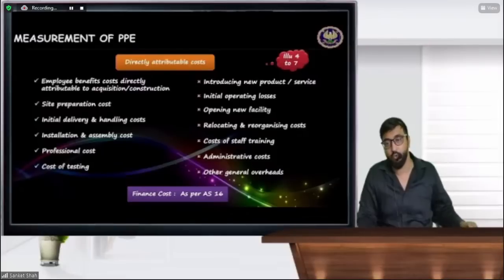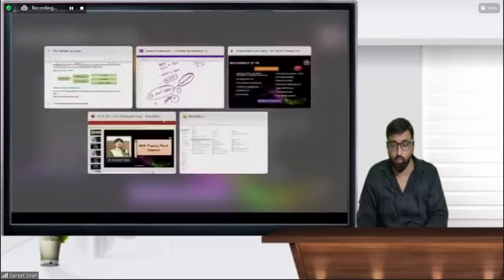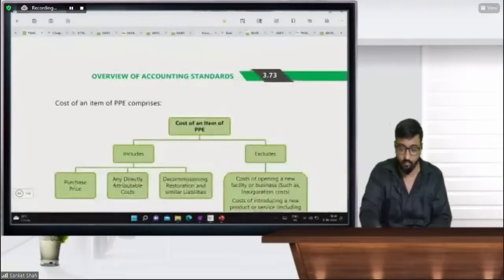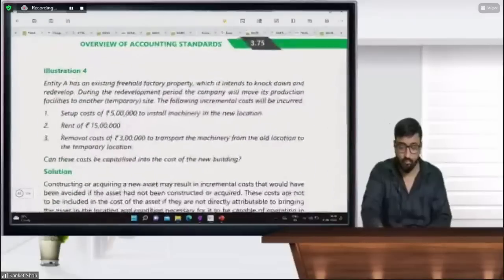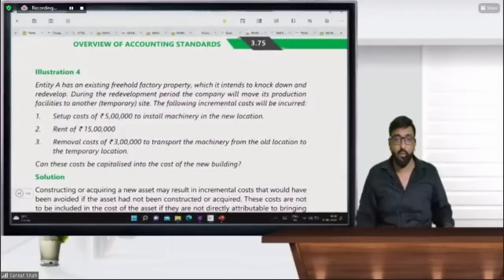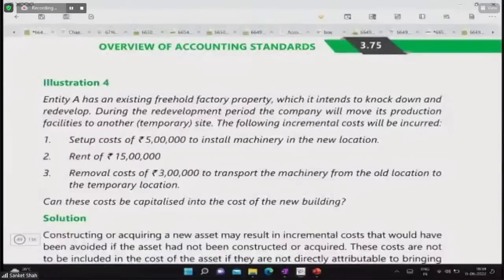Illustration number 4 to 7. First we will solve these illustrations and then we will take a break. So first, solving of illustration number 4 to 7. I am giving you exactly 5 minutes. Please read all these questions.